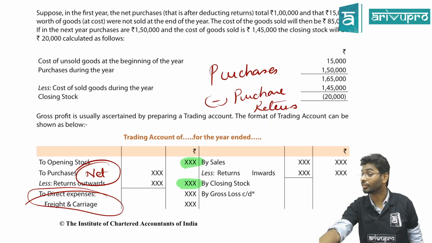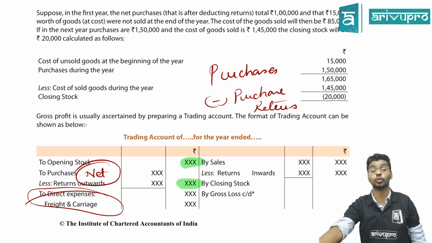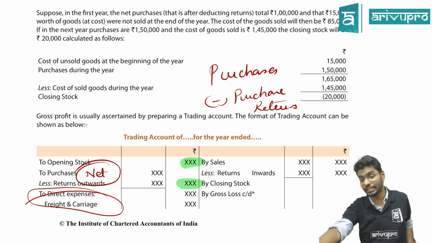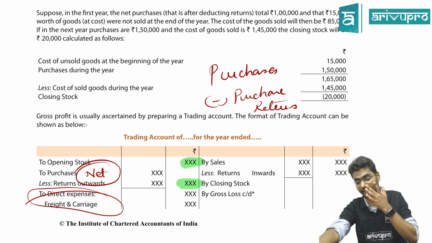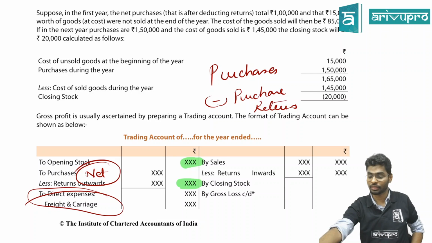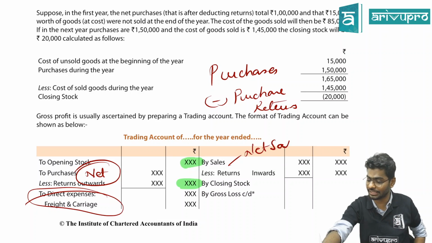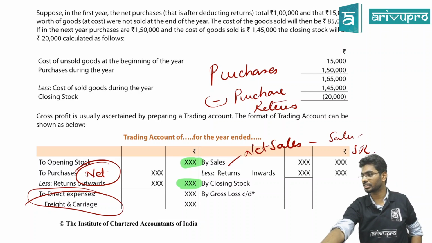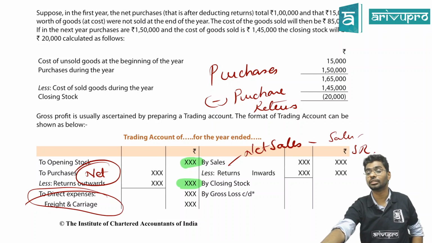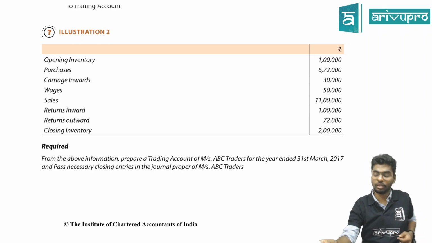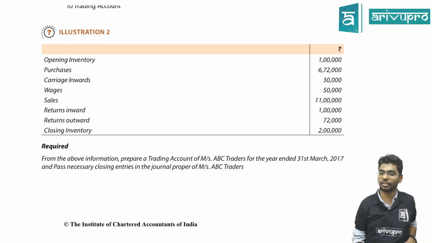For a manufacturing company, that's your factory. Whatever you are incurring on raw materials are all part of direct expense. On the sales, again I told you I'll be writing the net sales, which is basically sales minus sales returns. Are you clear? Clear till here? Do we start?